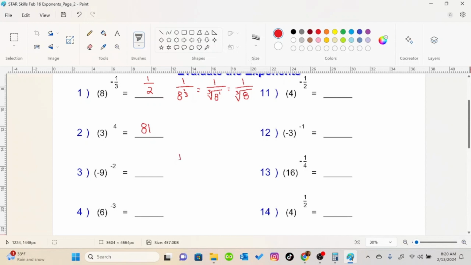A negative exponent means 1 over, and -9 squared, a negative to an even power becomes positive, and 9 squared is 81. So our answer is 1 over 81.